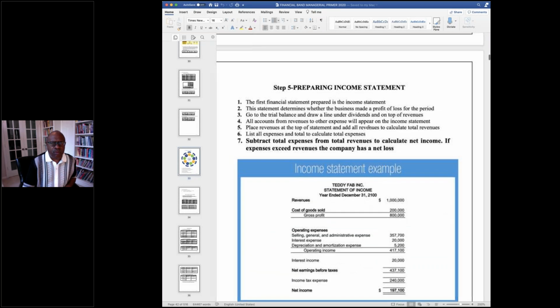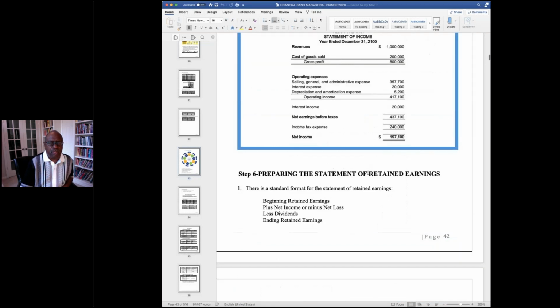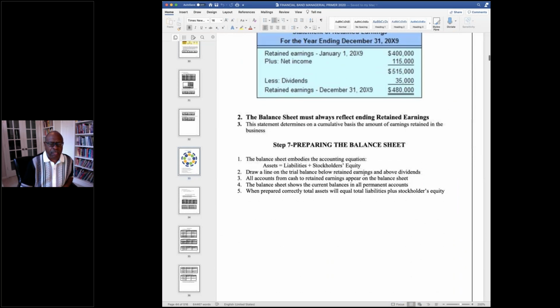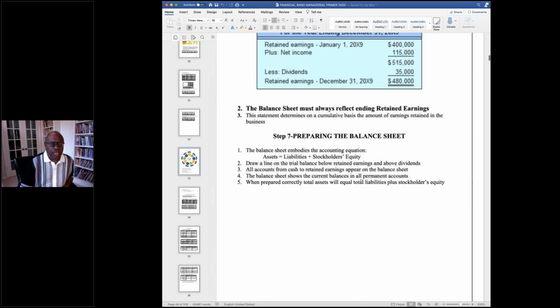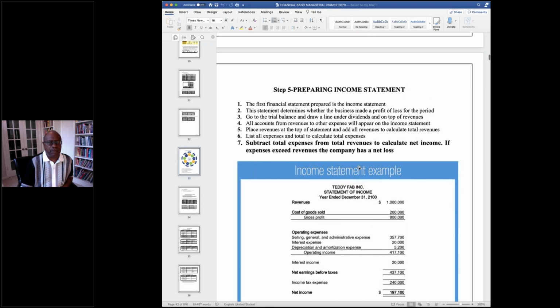And today we want to prepare the first 3 financial statements: the income statement, the statement of retained earnings, and the balance sheet. Those are the 3 statements that we're working on. So let's begin with the income statement.